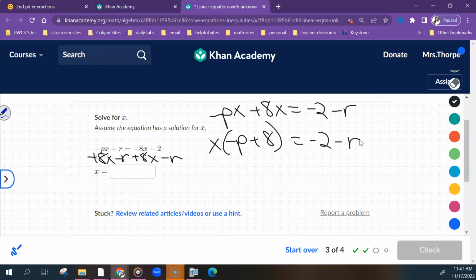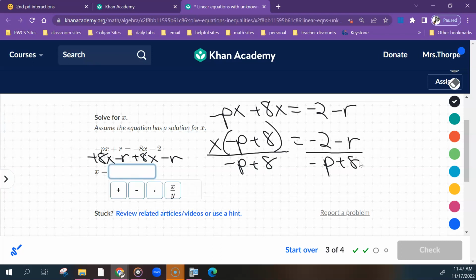And then because we're trying to get x completely by itself, we're going to take what's inside the parentheses and divide both sides by that. So this fraction is what your answer is going to be.